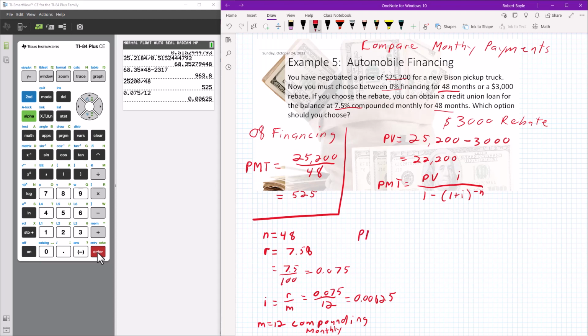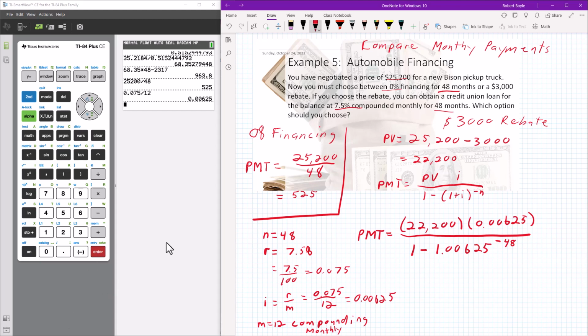Our payment is going to be our present value, which is now $22,200 thanks to the rebate, times I, which is 0.00625, divided by 1 minus 1.00625 raised to the negative 48 power.